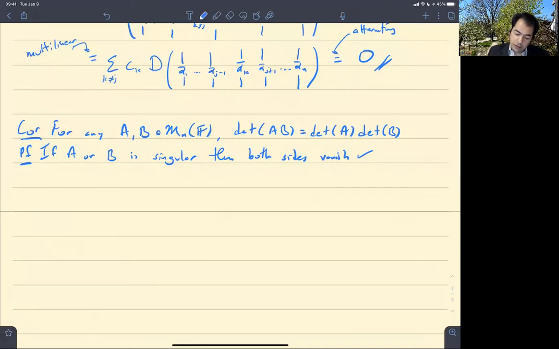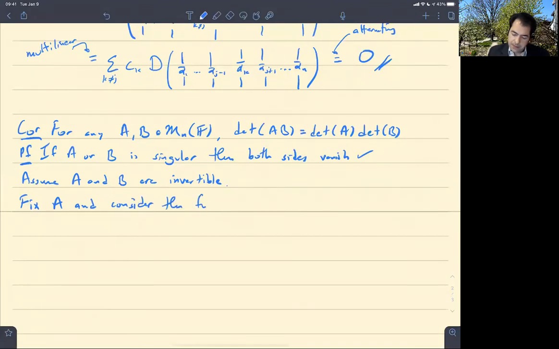Okay, so let's assume A and B are invertible. And let's fix A, and consider the function d sub A, it goes from n by n matrices to the field.